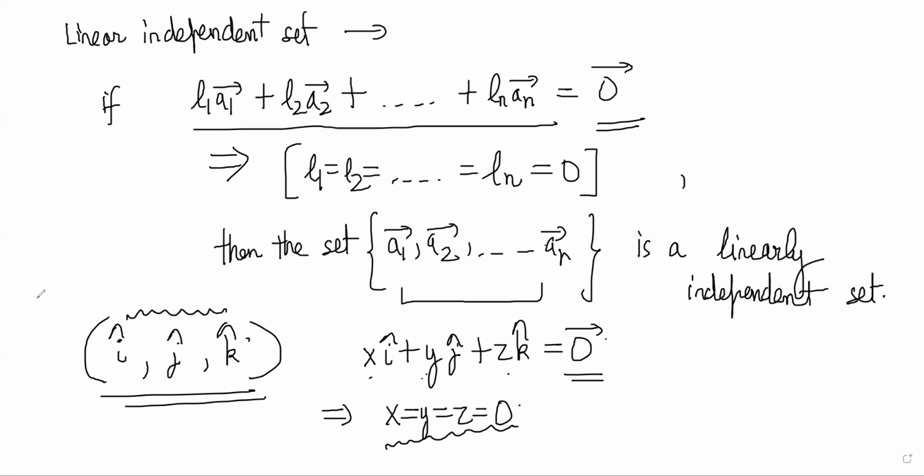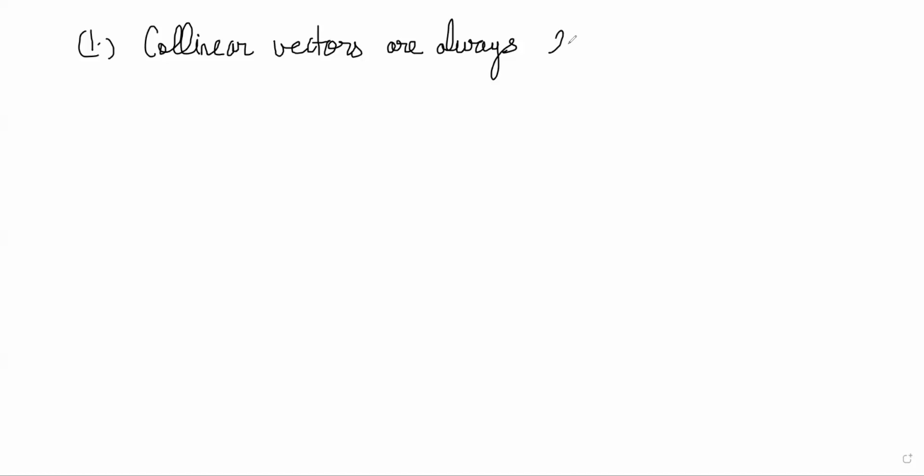Now, if you have understood the definition of linear dependence and independence, I would like to point out certain other things. For example, collinear vectors are always linearly dependent. Why is that?